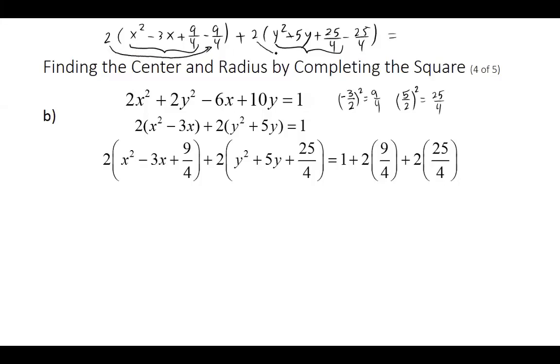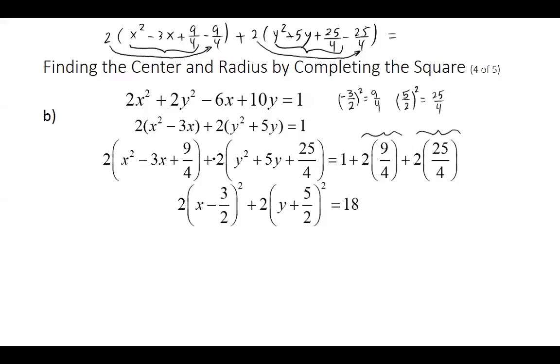So you have to be careful when you move it outside of parentheses, you're really moving 2 times minus 9/4. You're moving 2 times minus 25/4. And that's why when we move it to the other side, this would become 2 times 9/4, and that would be 2 times 25/4. So now I can complete the square.